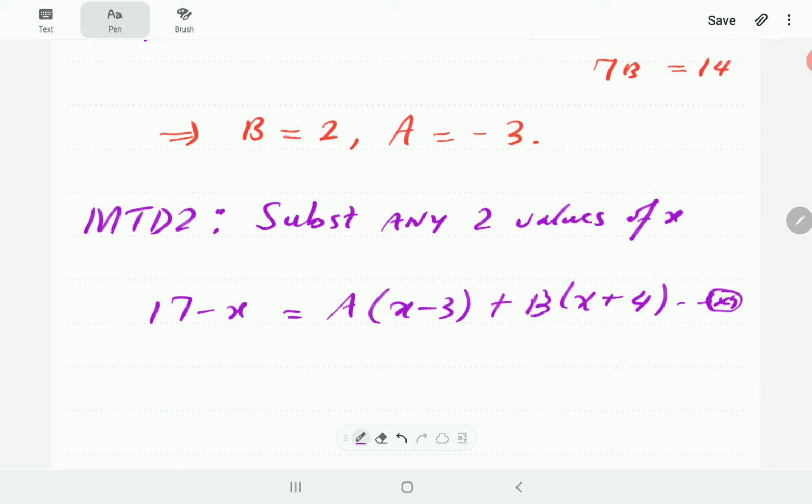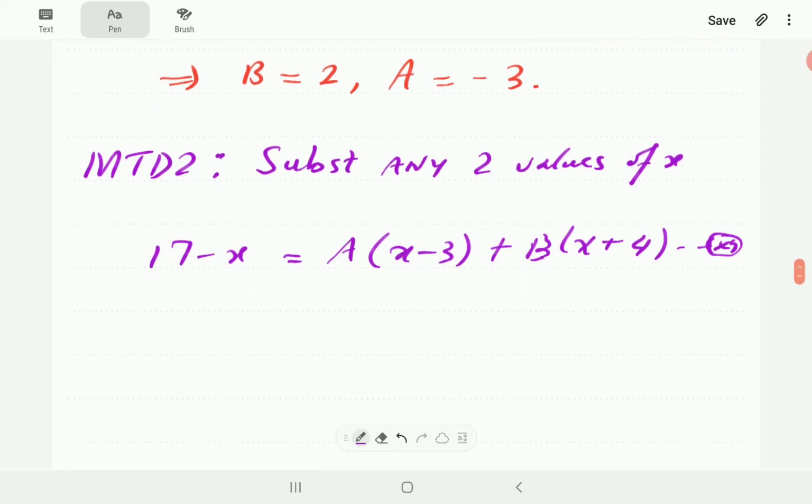So we've got two unknowns. Okay, so that's why we need two values. So if we had three unknowns, then this would be 3. So since we've got two unknowns, we need two equations. So we can just plug in any values of x, any two values, and then have two equations in a and b, and then solve them. Okay, so let's just do that.